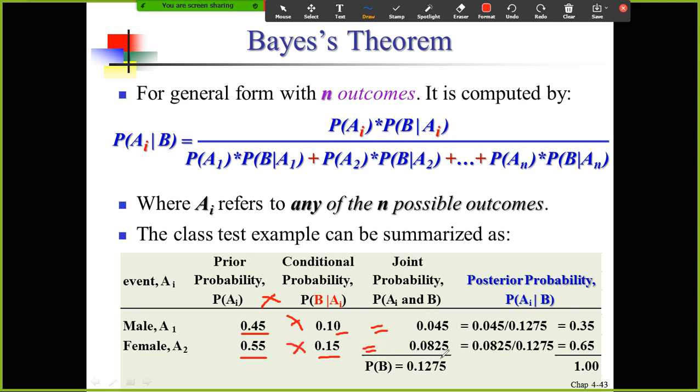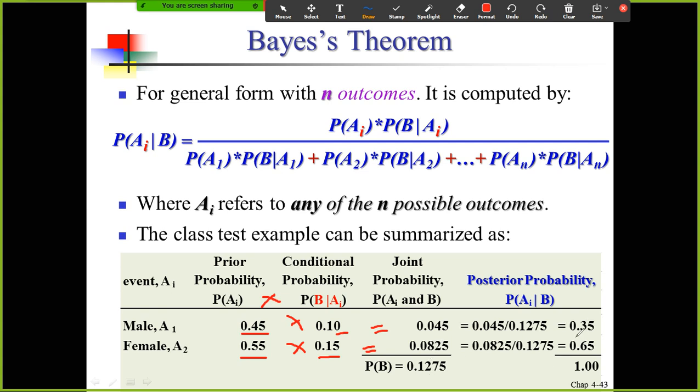Okay, so if you add the joint probabilities together, this is the probability of fail. So you add them together here: fail of male plus fail of female.